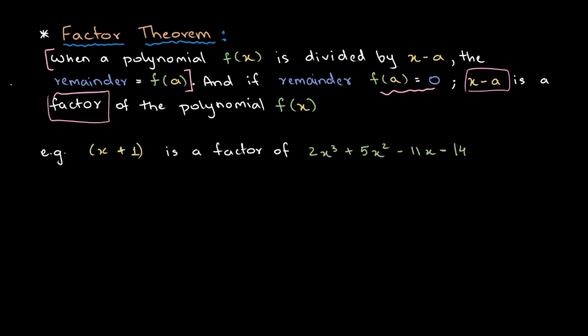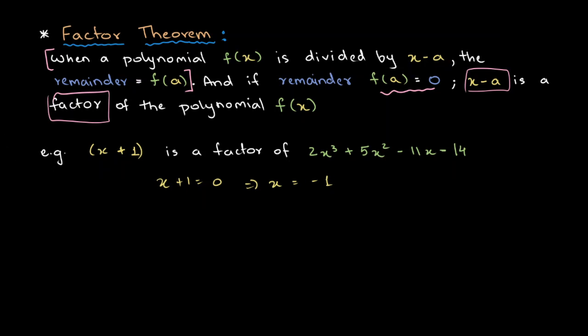For example, if I have a situation like this, where the divisor is x plus 1 and the polynomial is 2x cubed plus 5x squared minus 11x minus 14. So again, x plus 1 is a factor, so that means if I equate the divisor x plus 1 to 0, I get the value of x as minus 1.